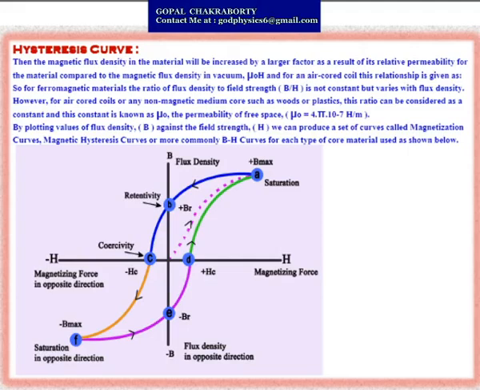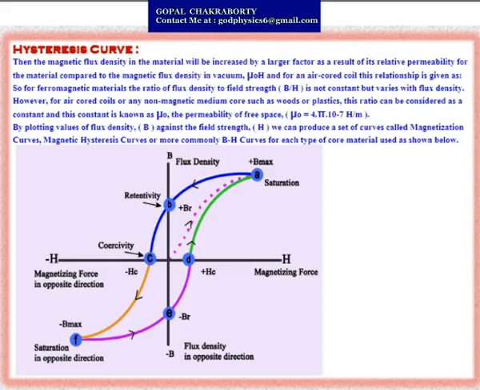The magnetic flux density in the material will be increased by a larger factor as a result of its relative permeability, compared to the magnetic flux density in vacuum, mu naught H, and for an air core coil this relationship is given as such.